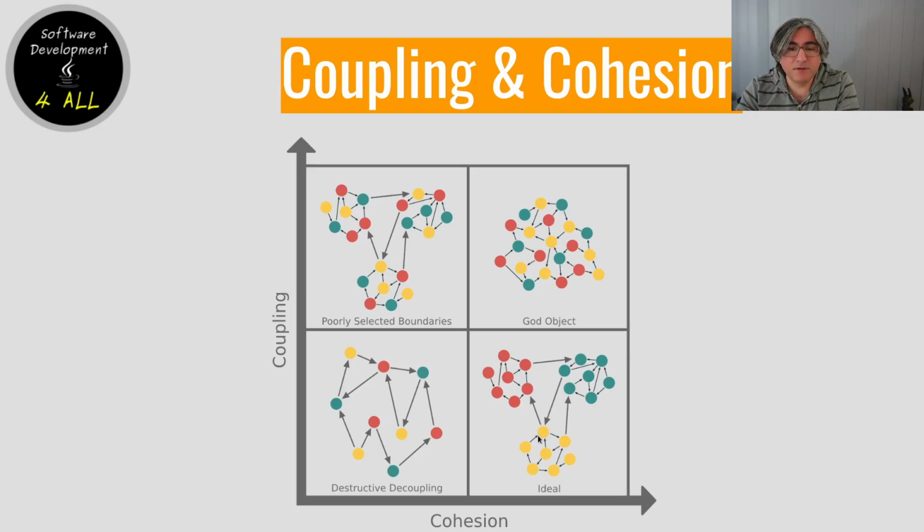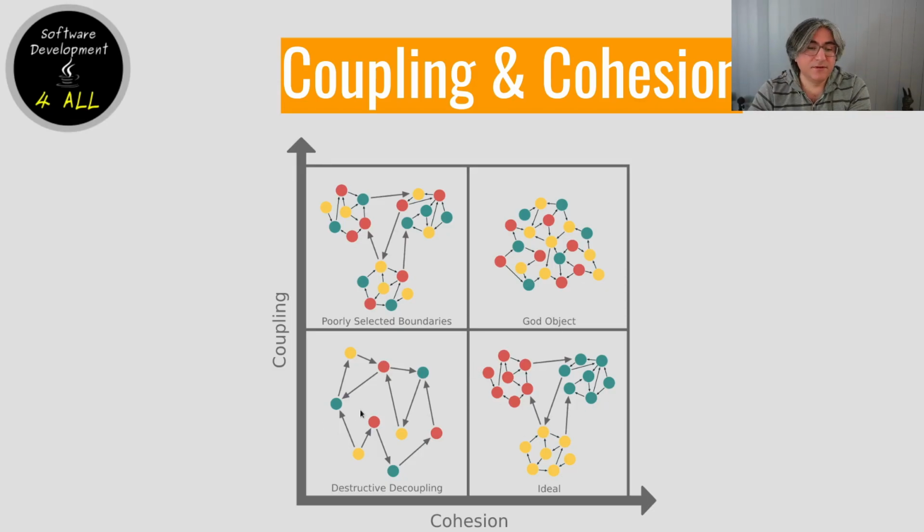Let's say that the yellow color is one class, and red is the other, and green is the third. When you have a situation where one class is dependent on two, and the other two are dependent on that class again, and going back and forth, then you have high coupling.